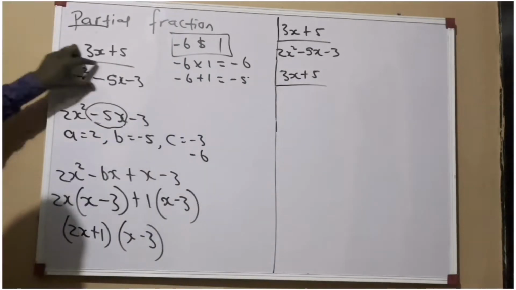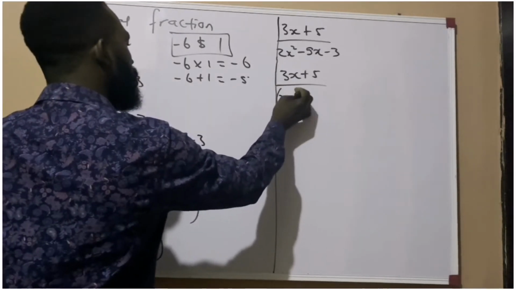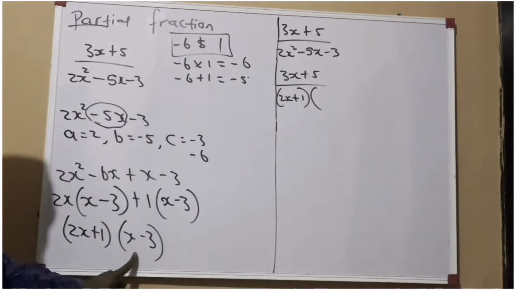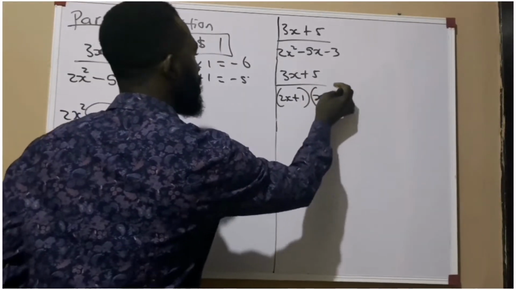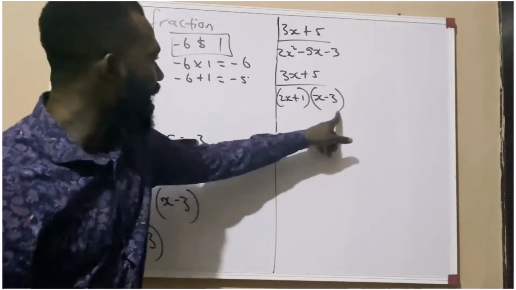Now, instead of writing this, I will now write the factors. What are the factors now? 2x plus 1 and x minus 3. Okay, are you with me now? Now, these are the factors.